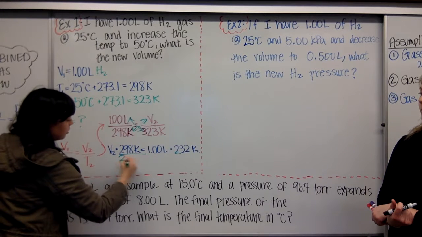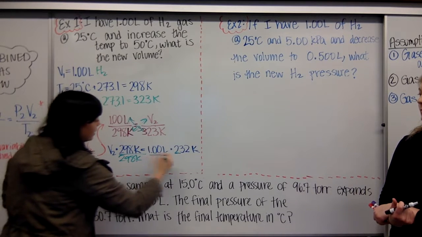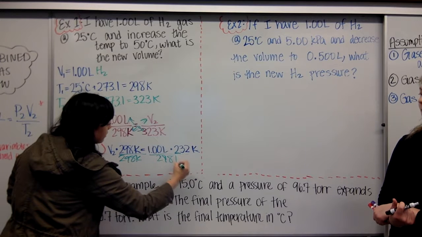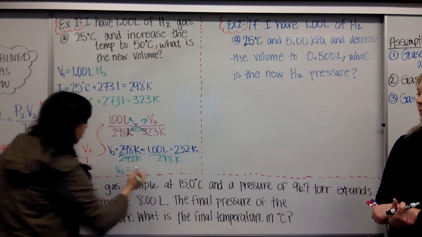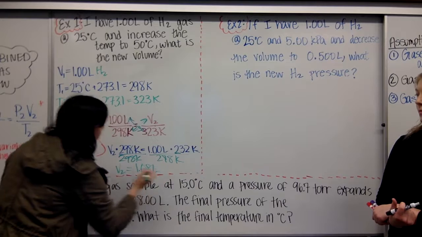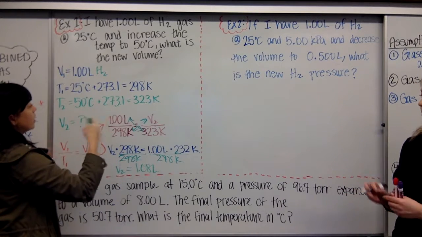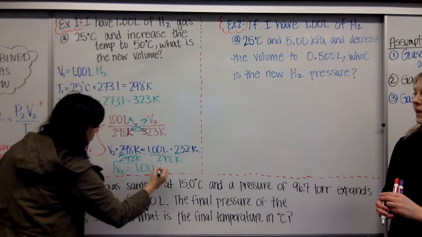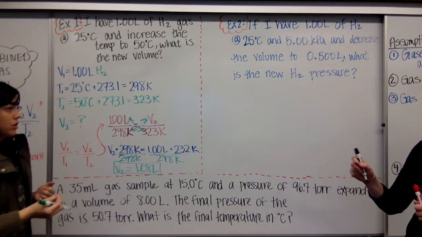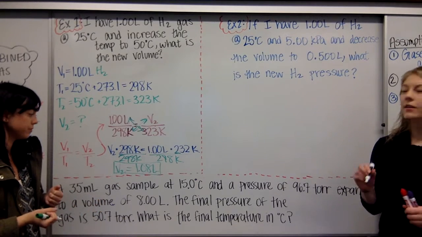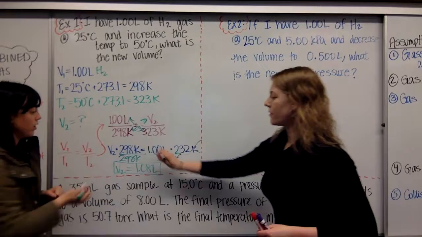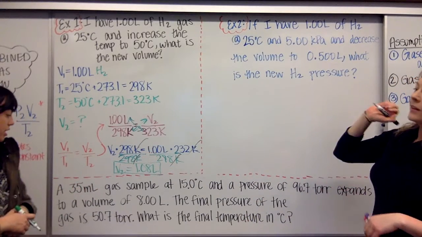I divide by 298 Kelvin on both sides. And my final volume, 1.08 liters, making sure that I have my correct number of sig figs. I'm good. And you can see that Kelvin on both sides is crossing out. So the only unit that you're left with there is going to be liters. Oh yeah, sorry. My bad. Yeah, my Kelvins cancel out.